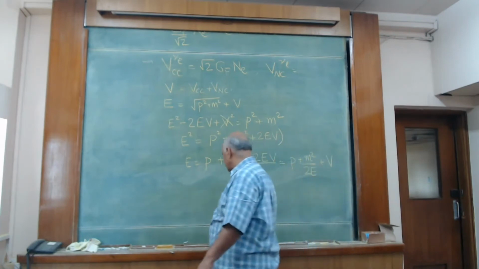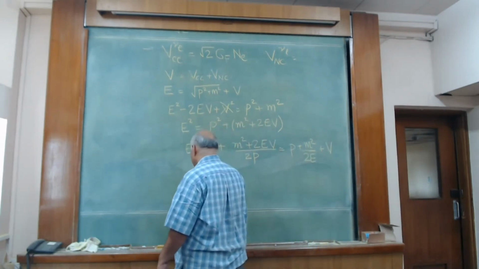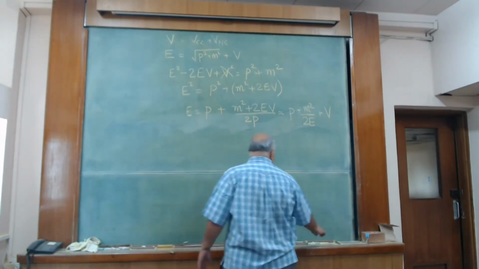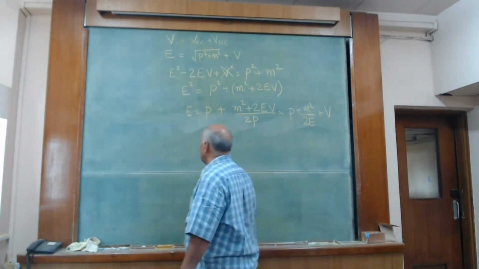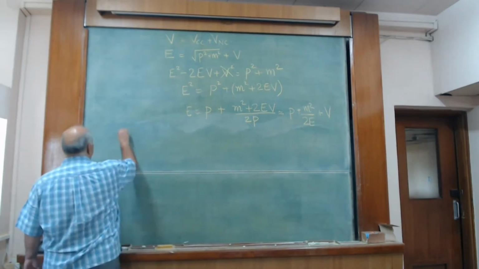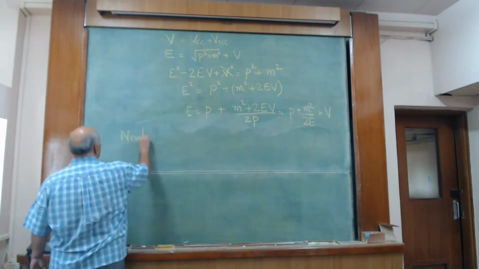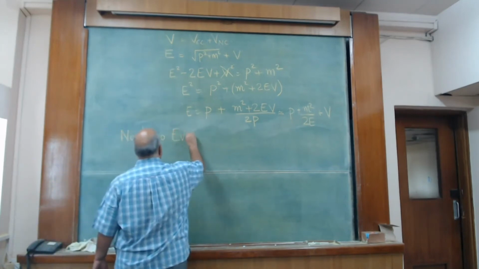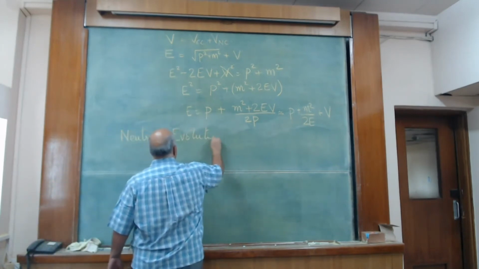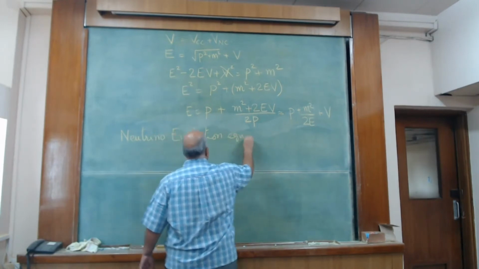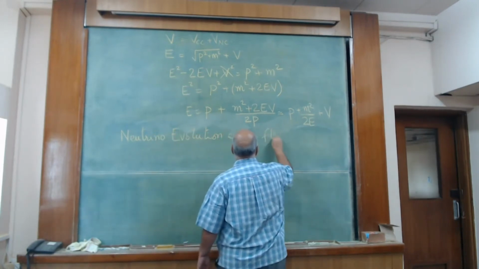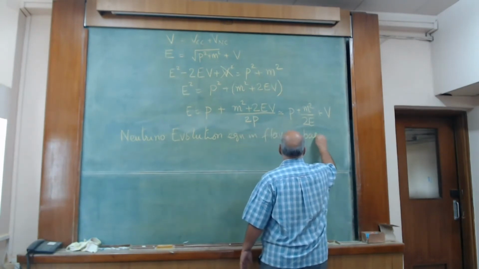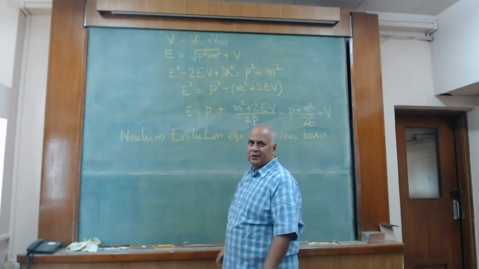So all I have to do now is to be more careful and write things in the appropriate basis. So I will choose to write my neutrino evolution equation in flavor basis.